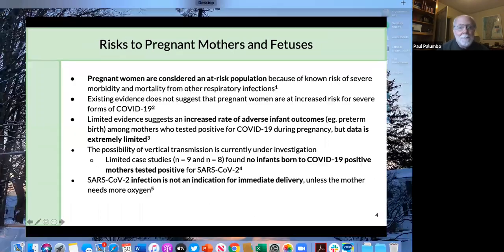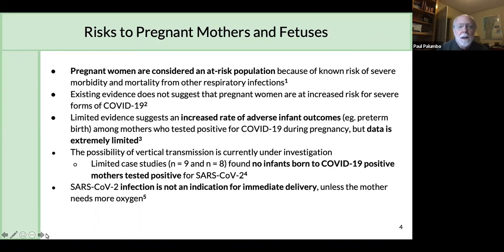But the theme of a lot of what we're going to talk about today is that the data is extremely limited at the moment, and we make our best conjectures at this point.